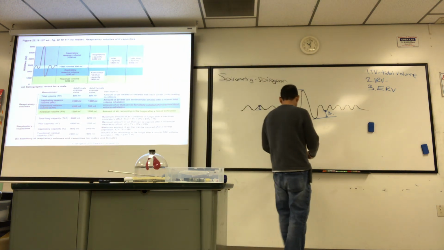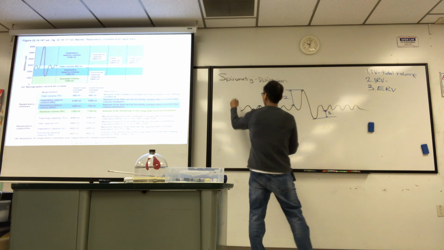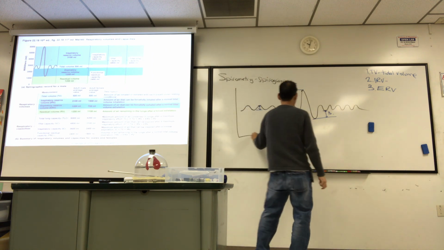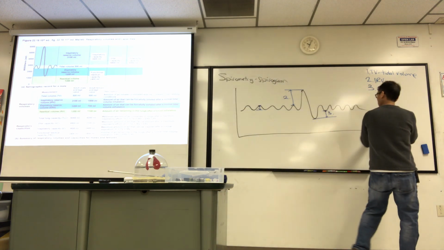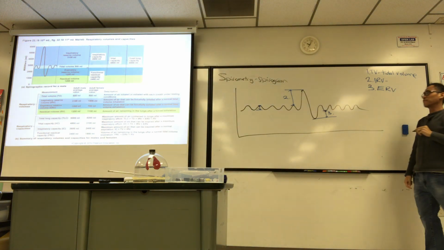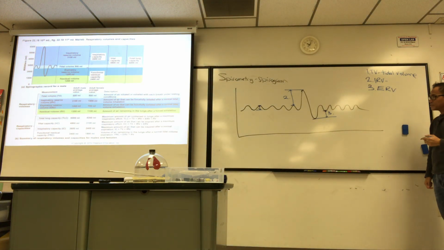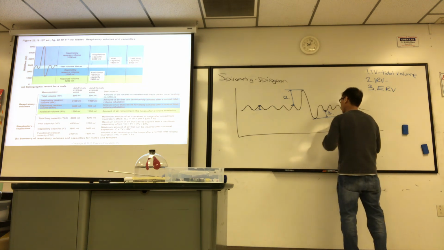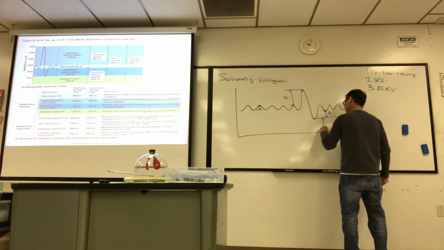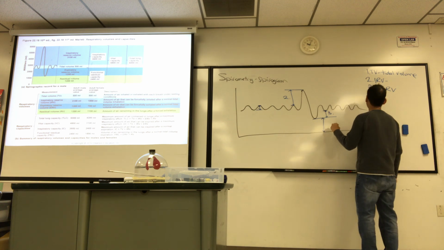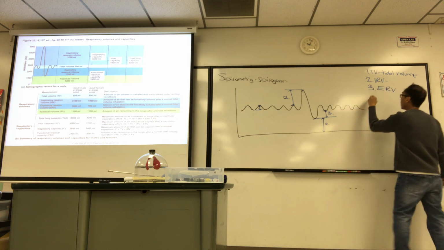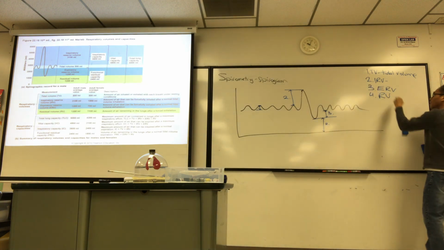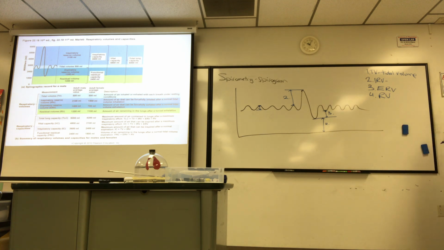Then there's this volume of air you just cannot get out of the lungs no matter how much you try. Let's say this is the graph. Put axes on it. You have this distance from there to there. They call that the RV, the residual volume.